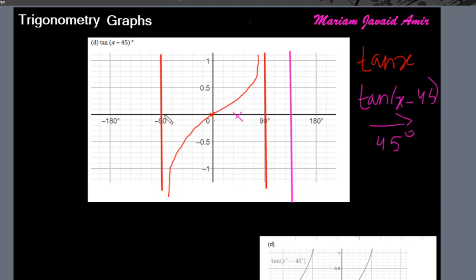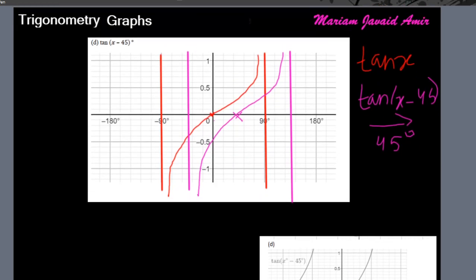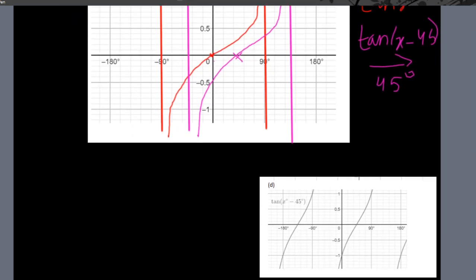And this minus 90 will also move 45 degrees to the right, and fall here. So in between these, now we'll be drawing this graph, and it'll continue to the left and the right wherever it can. So that's how we sketch the graph for tan x minus 45. Remember to include these points here and this one for this particular question.